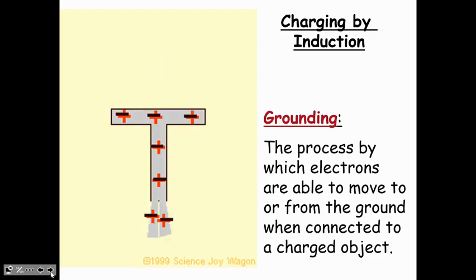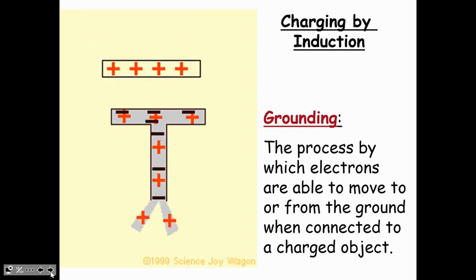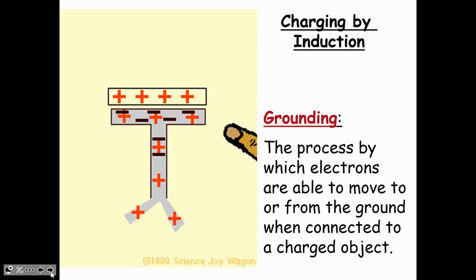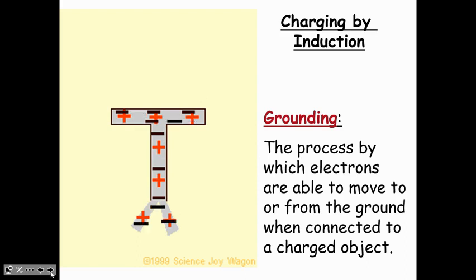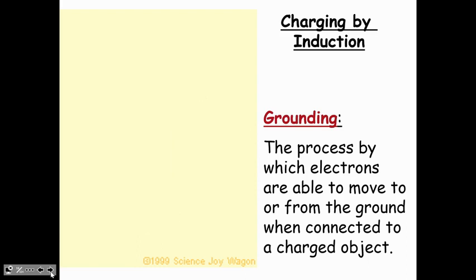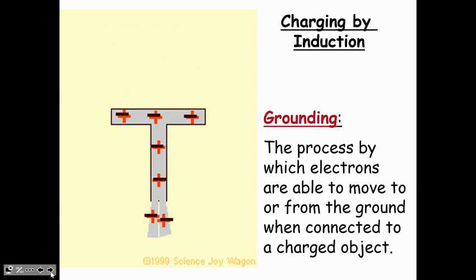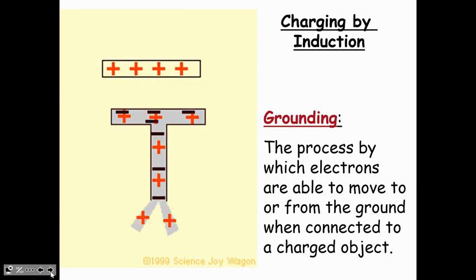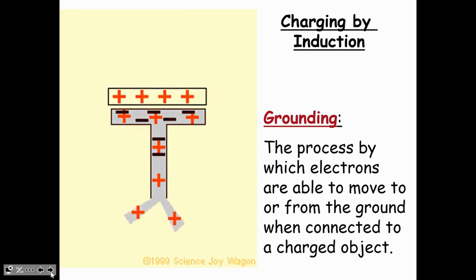So an important point here with charging by induction: the electroscope will acquire the opposite charge as the charged object used. So in this case, a positively charged rod made the electroscope negative through induction.